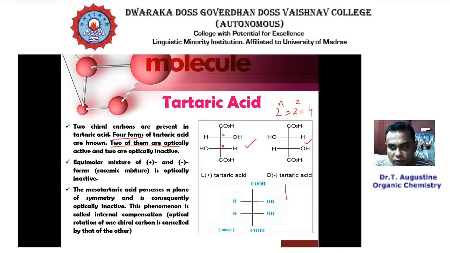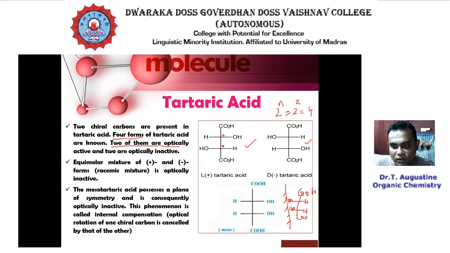The other one will be the mirror image of this particular compound. So let us draw the mirror image of this particular compound. I'm sorry, my drawing is not so good.